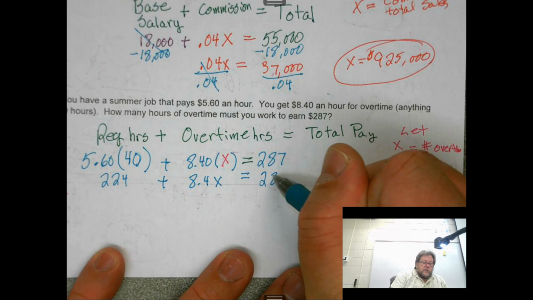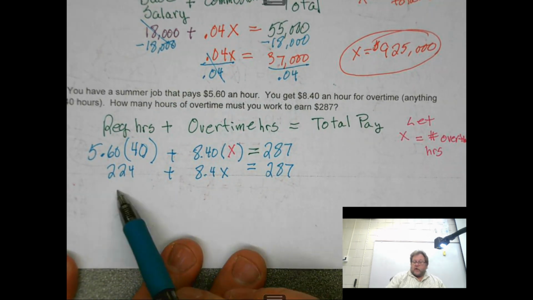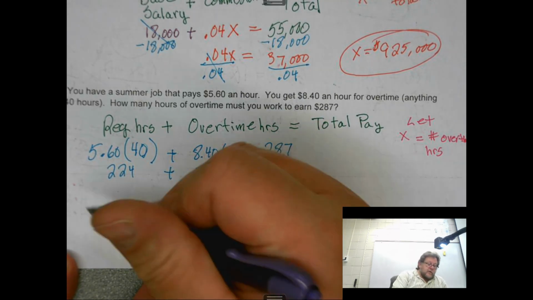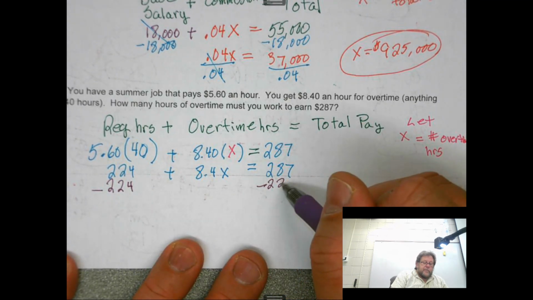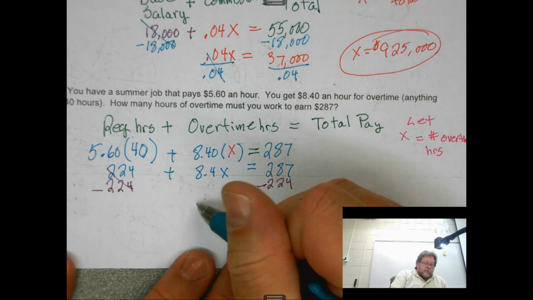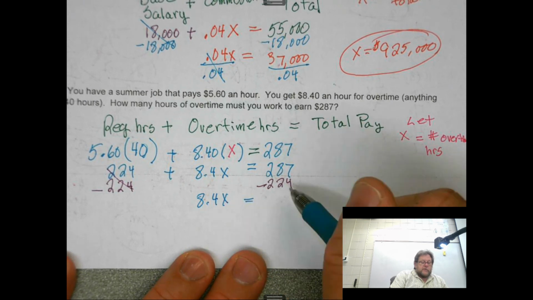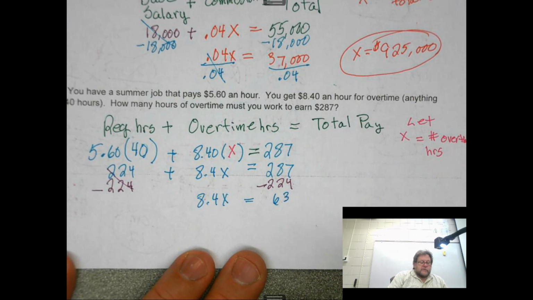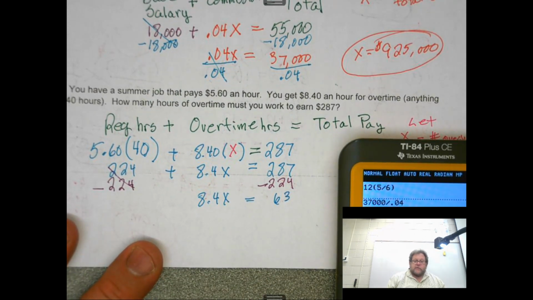Going to divide 63 by the coefficient 8.4, and I know that he worked 7.5 hours. And that's it for section 1.4, part 1.